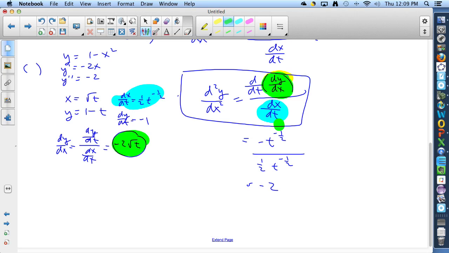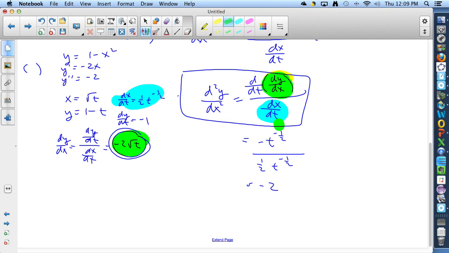Go ahead. So, I understand what we got on the bottom. That's simple. That's dx over dt. On the top, we have dy over dx, which we found before, right? It was -2. So where did it go?